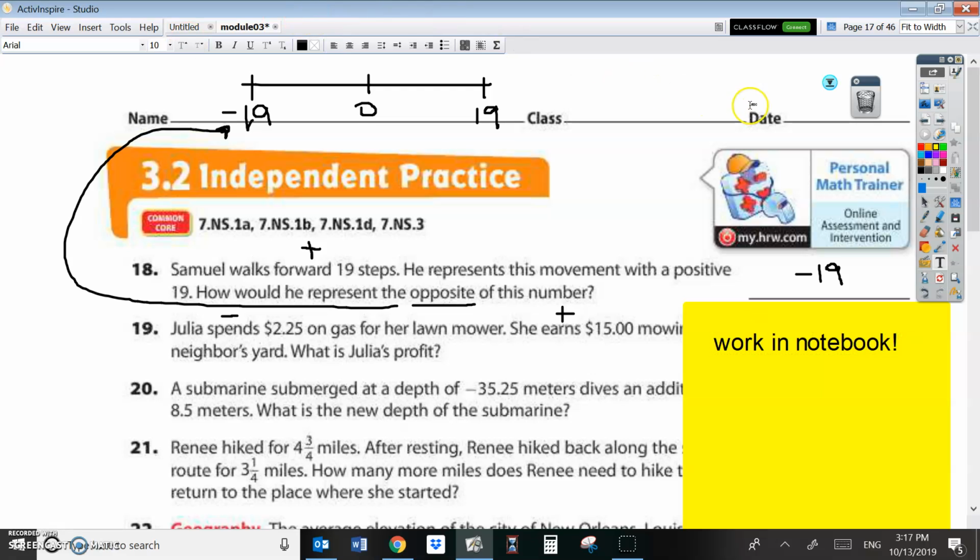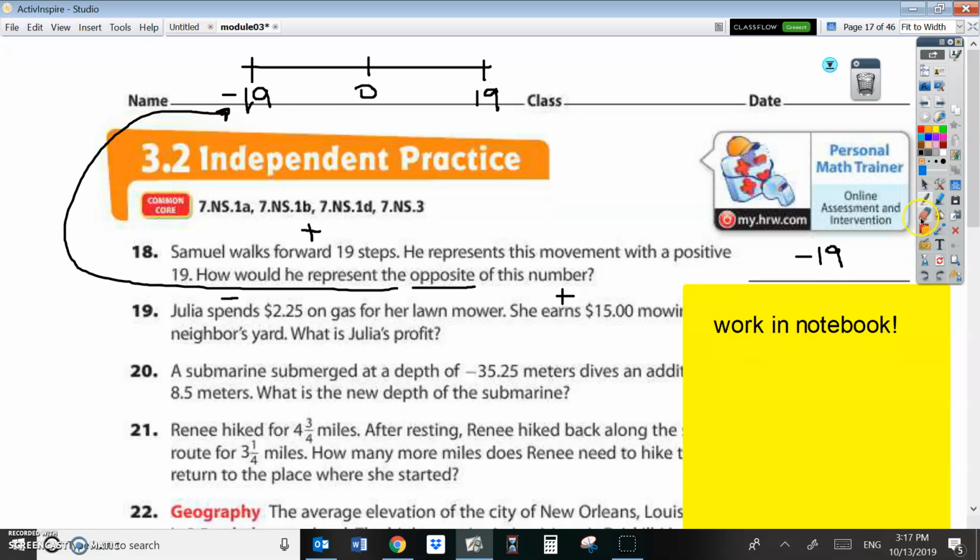Okay, so I'll work the problem right here, you work the problem in your notebook, and let's see if we get the same thing. So $15 is what she earned, and $2.25 is what she spends. Remember to line up those decimals.